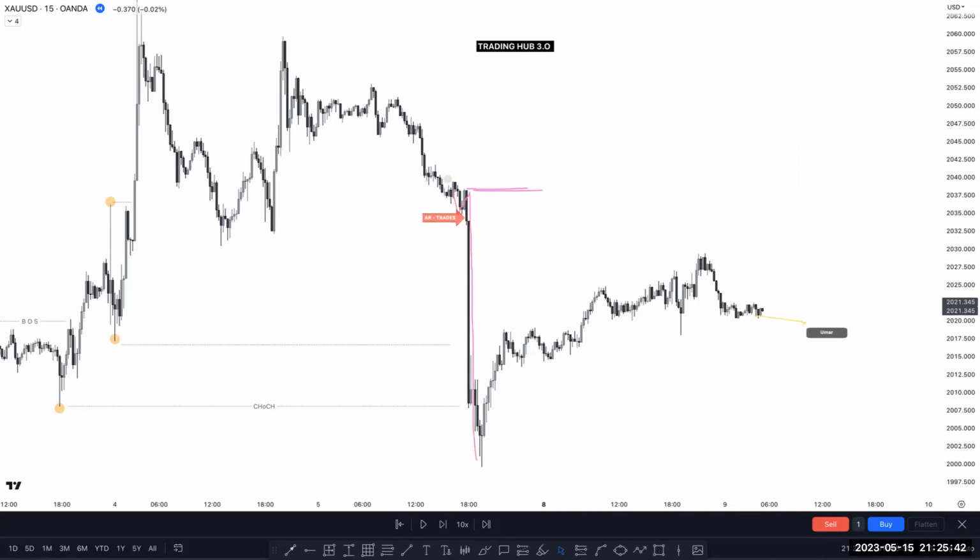And this is a single line move here. So if the inducement is very far away, then you can take entry based on internal structure. Why? Because this is our internal structure. As you know, if the market is looking for this sell, then the market must take out this inducement.